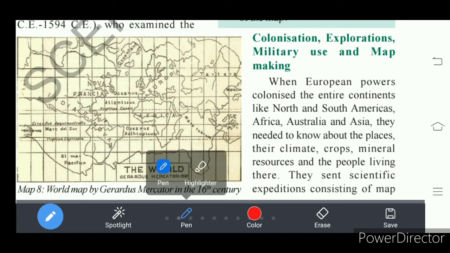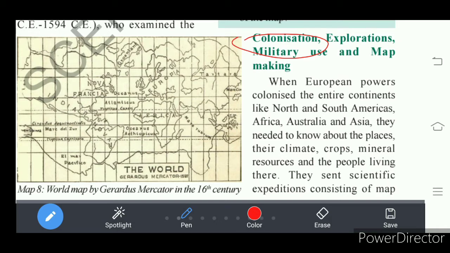It is when one nation establishes its political domination over another part of the world. India was a colony for the Britishers. They ruled us for 200 years. They colonized us for 200 years.